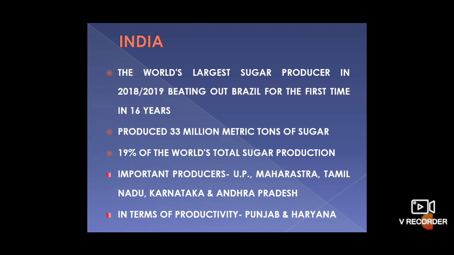Uttar Pradesh is the largest producer of sugarcane in the country. The other major producers are Maharashtra, Tamil Nadu, Karnataka and Andhra Pradesh. In terms of higher productivity per hectare, Punjab and Haryana become the most important producers as a result of higher application of the green revolution in those areas.